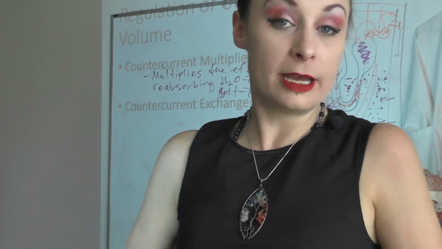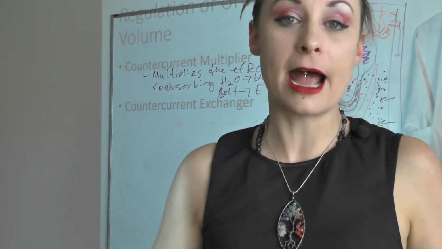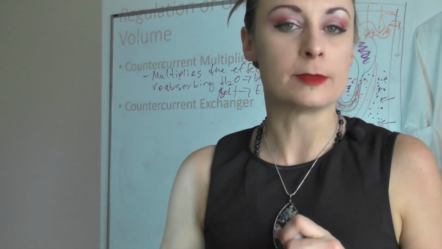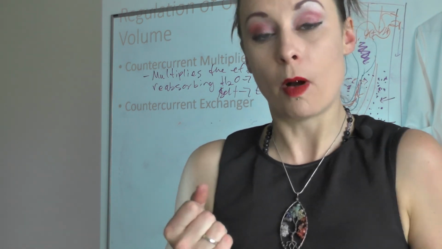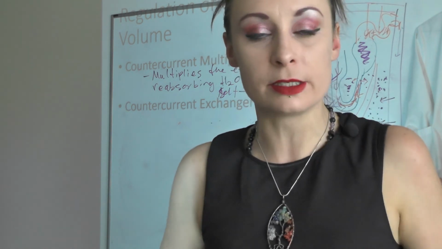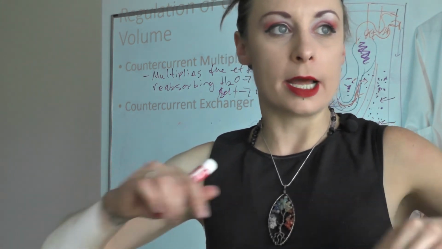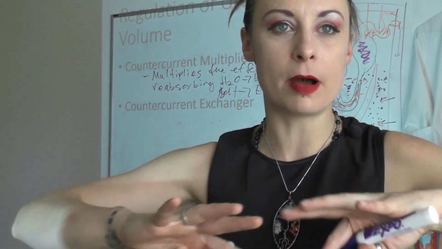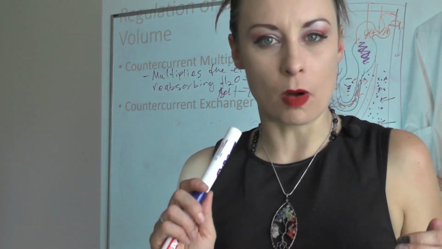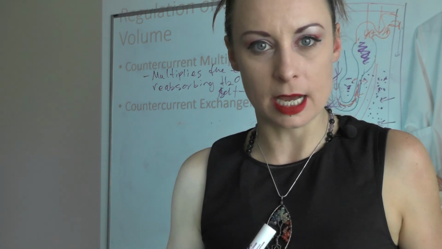Kangaroo rats who live in the desert have to be able to reabsorb as much water as possible from what would become their urine, because they're dehydrated. They run around in the desert. And so our blood is about the same osmolarity as salt water. So if we drink salt water, it actually dehydrates us.